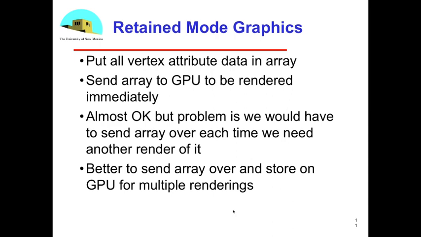Now, the alternative to that is what's called retained mode graphics, where we take the vertex data and some other information, colors and other things, and we send that in an array to the GPU, where it might be rendered immediately, it might not be, but it will stay there. We can store it on the GPU and do multiple renderings.